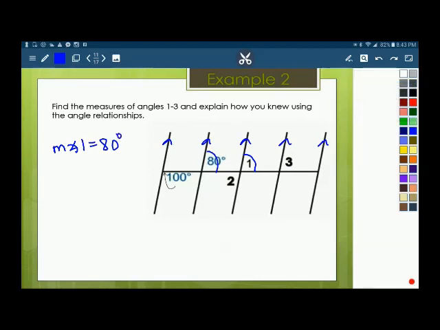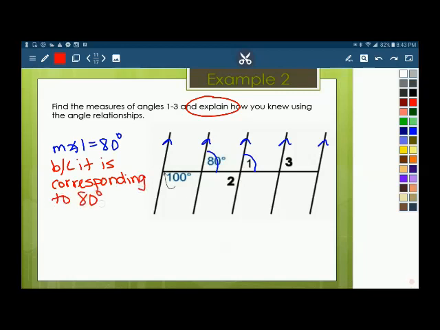As far as the measure of angle 2, actually, before I get to 2, I should give that reasoning, because it does say to explain how I knew. I can say the measure of angle 1 is equal to 80 because it is corresponding to 80 degrees.